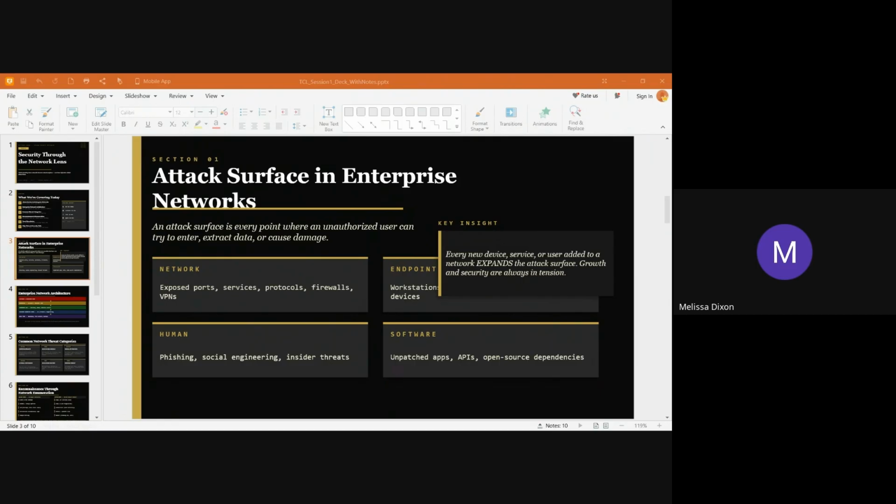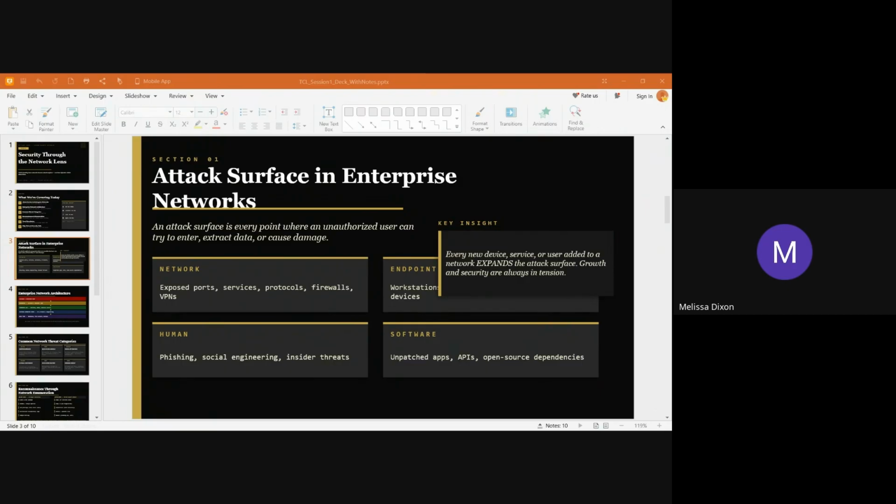For example, one compromised NPM package can affect thousands of apps. It's just things like that, right? So unpatched apps, APIs, open source dependencies, all of those things as far as the software endpoints go, that's where the attack surface is.